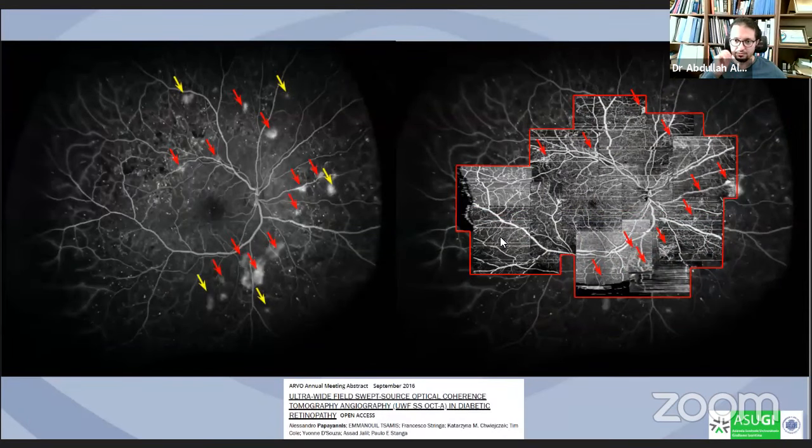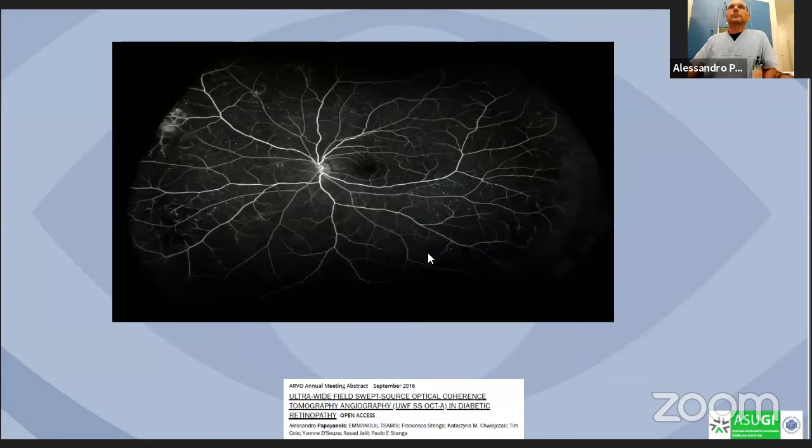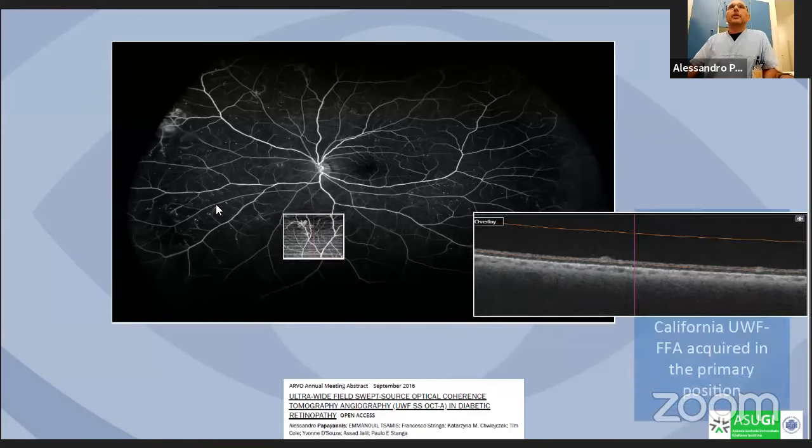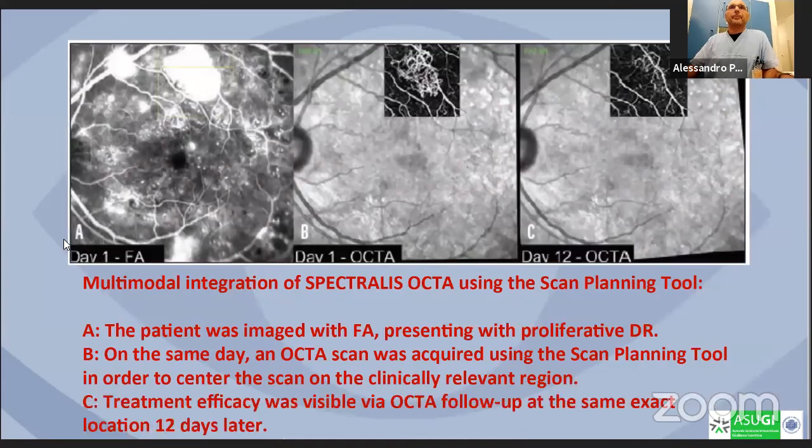Now there are different modalities to go on the periphery with a mosaic, or we can do scans only in the area of interest. This is an Optos fluorangiography in the primary position, and we can see here nicely how with the angio-CT we can see the neovascularization of this area.